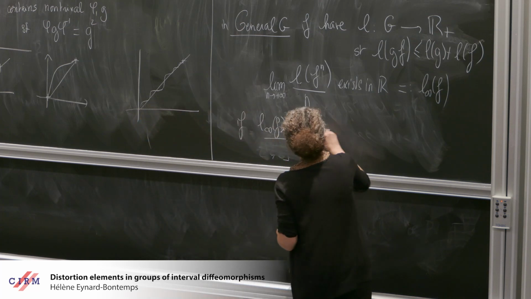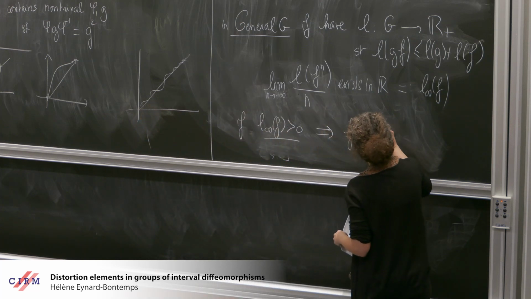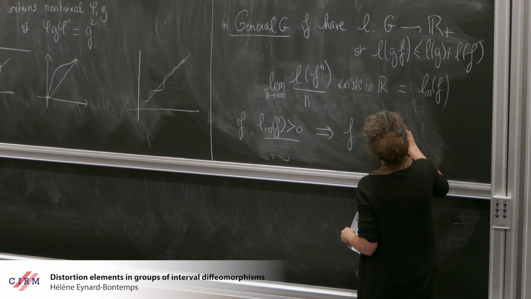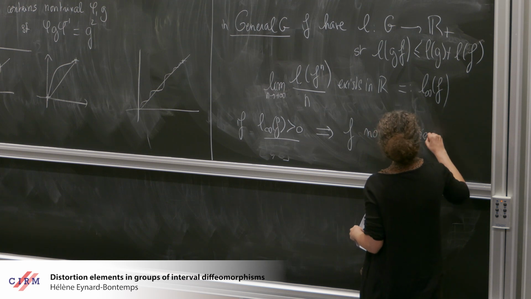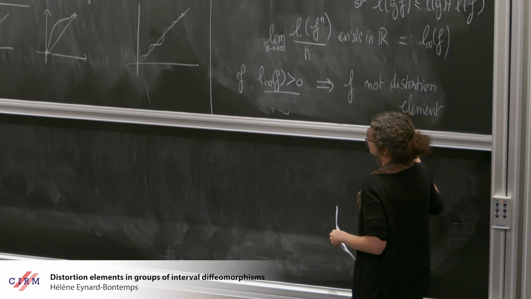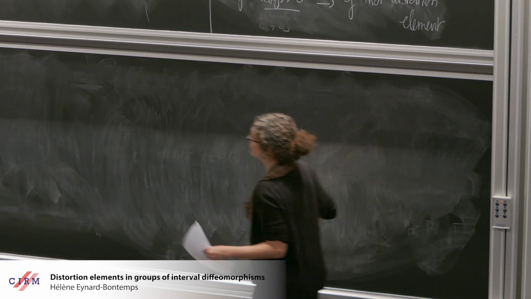So this implies that f is not a distortion element. And we're going to see two examples of such functions for our two spaces.